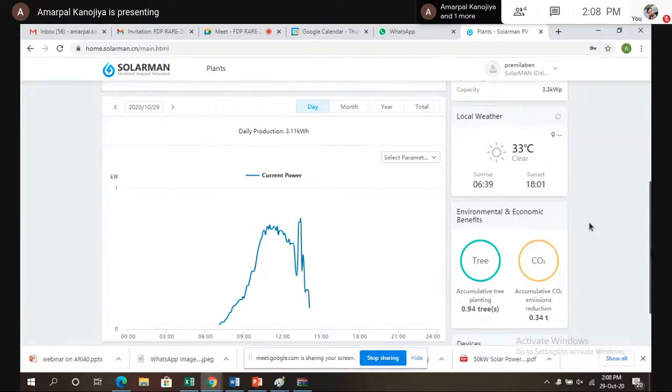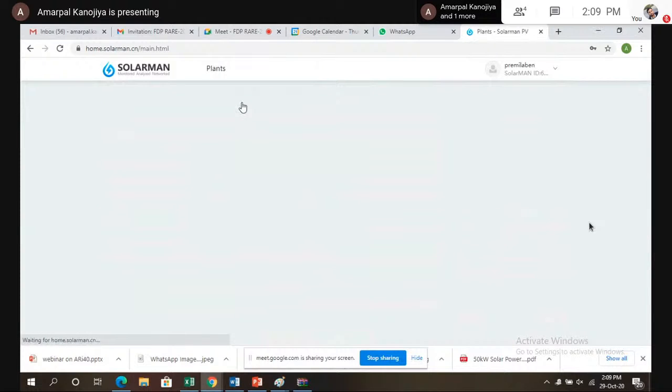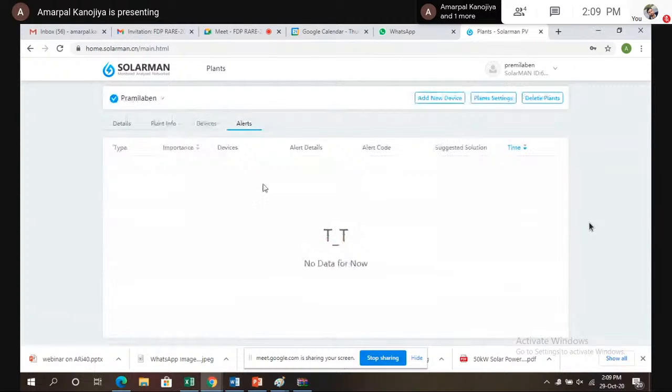So in this way we can club our solar generation to Industry 4.0, means the internet of things, and from this we can observe the generation or condition of our solar power plant. If there is any error or any fault in the power plant, then you can check that in an alert.